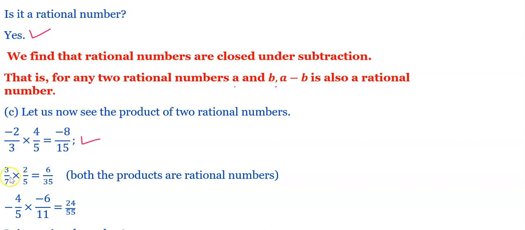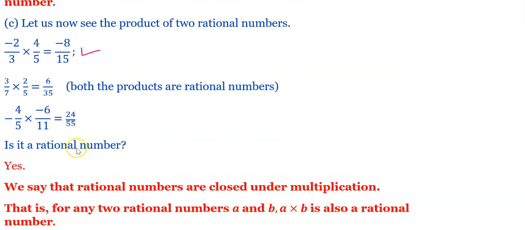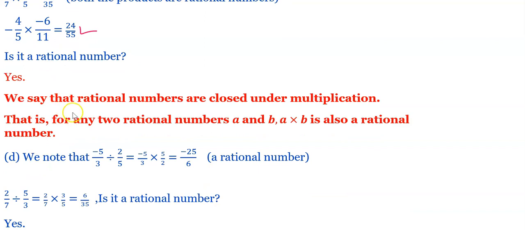Now again, the product of 3/7 into 2/5 is 6/35, which is again a rational number. Yes. -4/5 into -6/11, minus minus becomes plus, 24/55, that is also a rational number. Therefore the product of rational numbers is again a rational number. We say that rational numbers are closed under multiplication. That is, for any two rational numbers a and b, a into b is also a rational number.